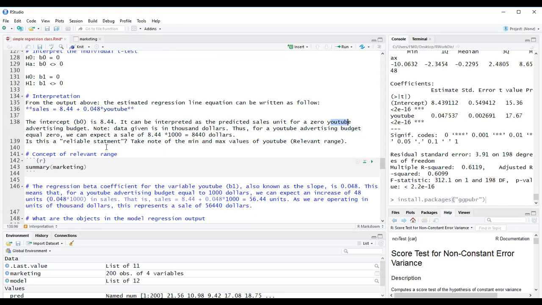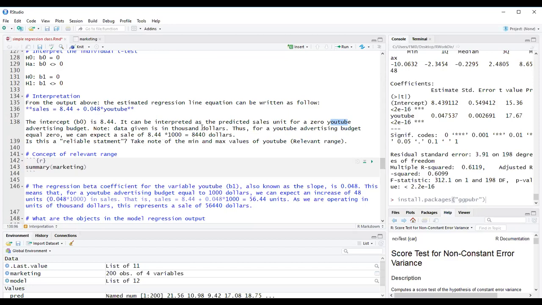Now, of course, take note, guys, of the data that you have. In our case, sales is in $1,000. Thus, for a YouTube advertising budget equal to 0, we can expect a sale of 8.44 times 1,000.